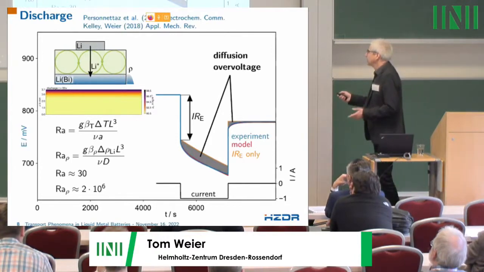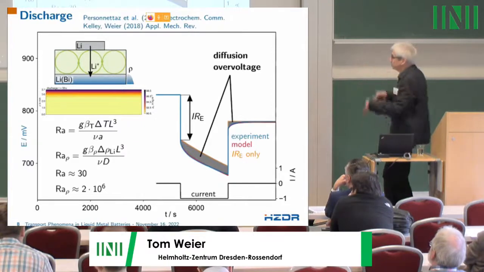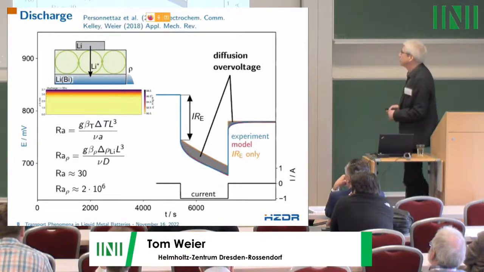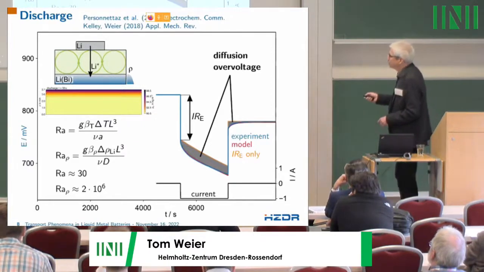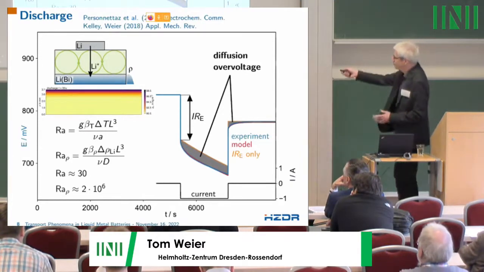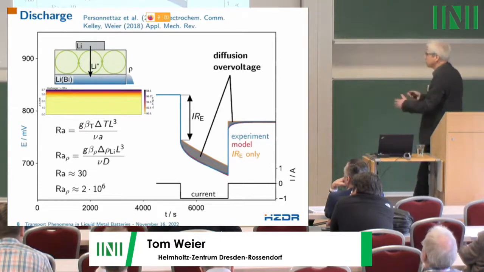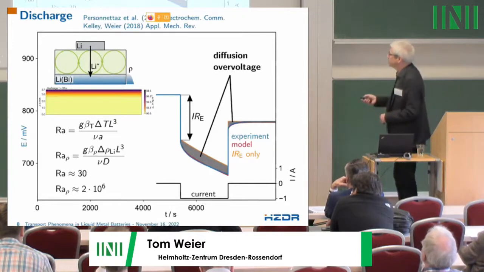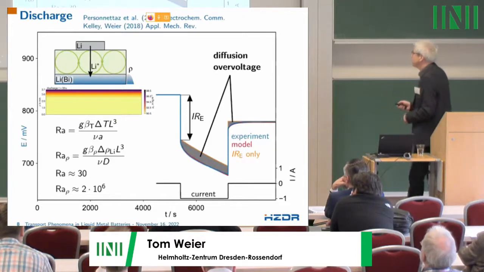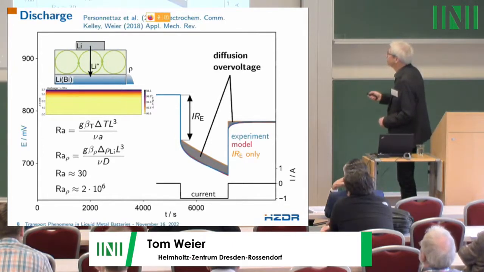We heat the cell from below, so we would have a thermal Rayleigh number that could generate thermal convection, but this thermal Rayleigh number would only amount to roughly 30, whereas the Rayleigh number for the solutal, stable stratification is much higher, roughly 10 to the 6, with a minus sign missing here. And this results in a diffusion overvoltage that comes from the cathode.